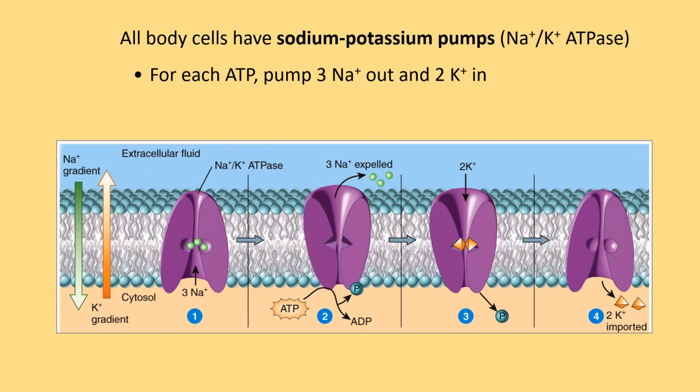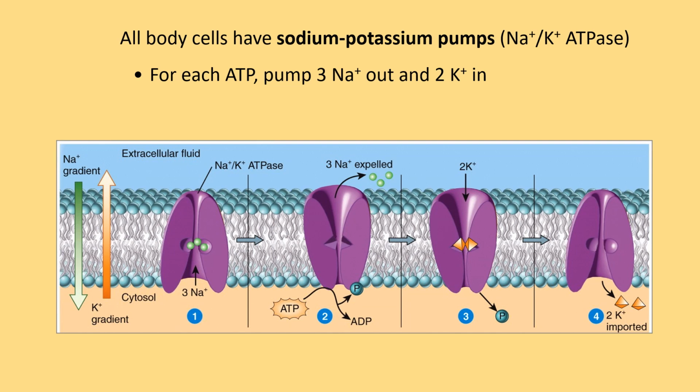These pumps are responsible for maintaining concentration gradients across the plasma membrane, such that if we look at any cell in your body, there is more potassium inside the cell and less potassium outside the cell. And if we look at that same cell, there's very little sodium inside the cell and much more sodium outside the cell.